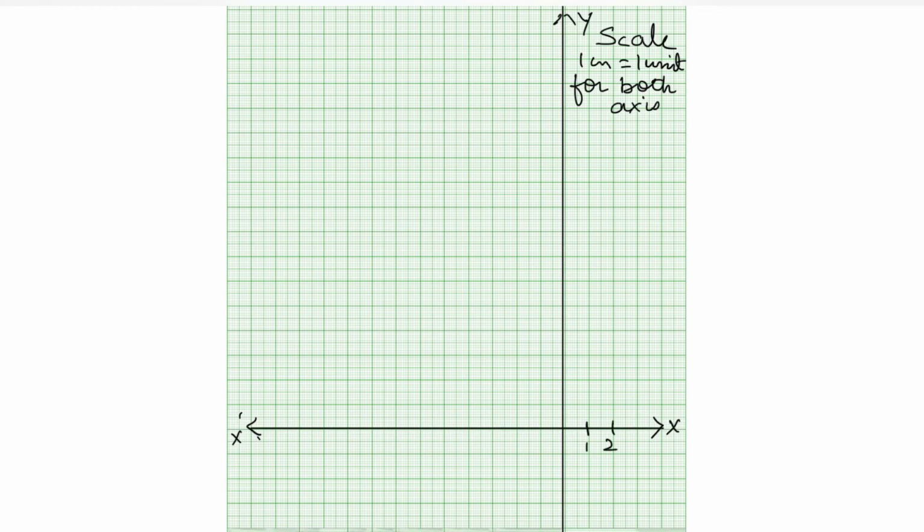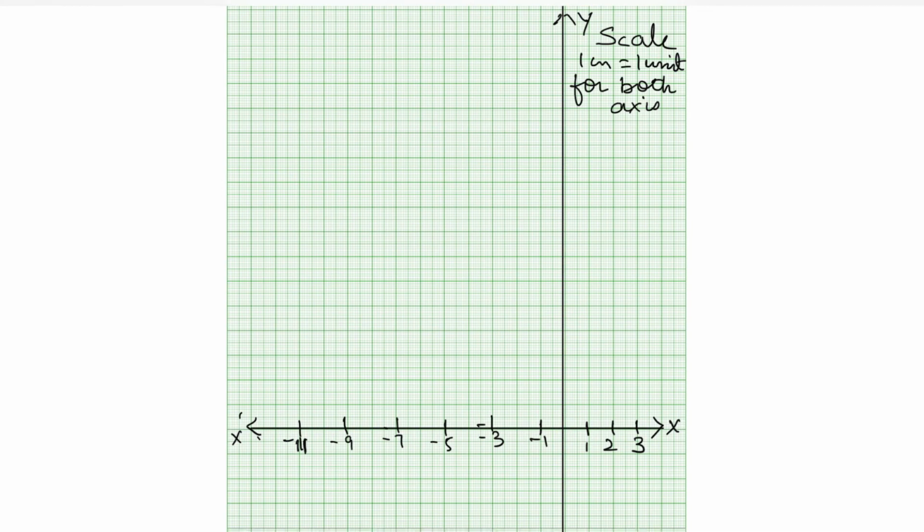I have marked accordingly because I will just need these coordinates for x, and here I have minus 1, then minus 3, minus 5, minus 7, minus 9 and minus 11.